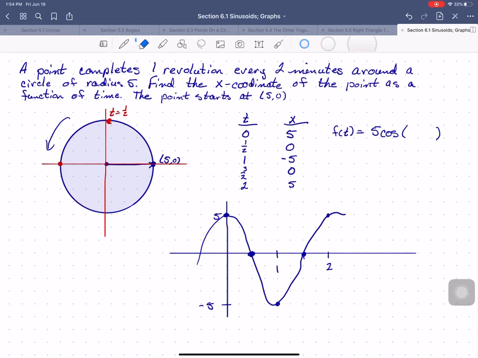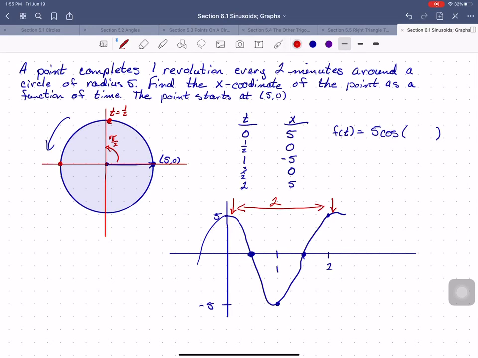Well, let's look at this. The distance between peaks is 2.